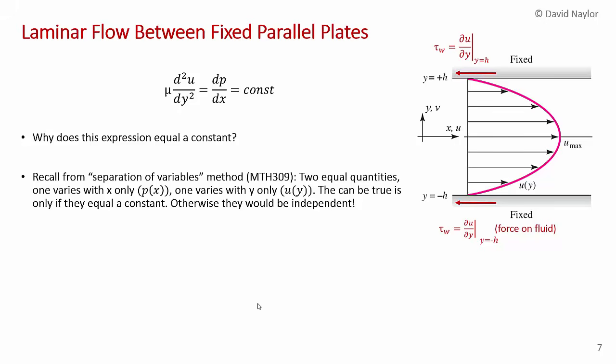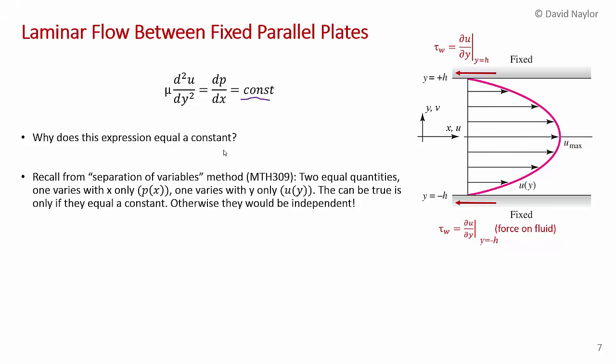So why is this the case? Well, there's a couple of arguments for why this expression equals a constant, and I would remind you of your differential equations course where you used the method of separation of variables, probably to solve Laplace's equation.